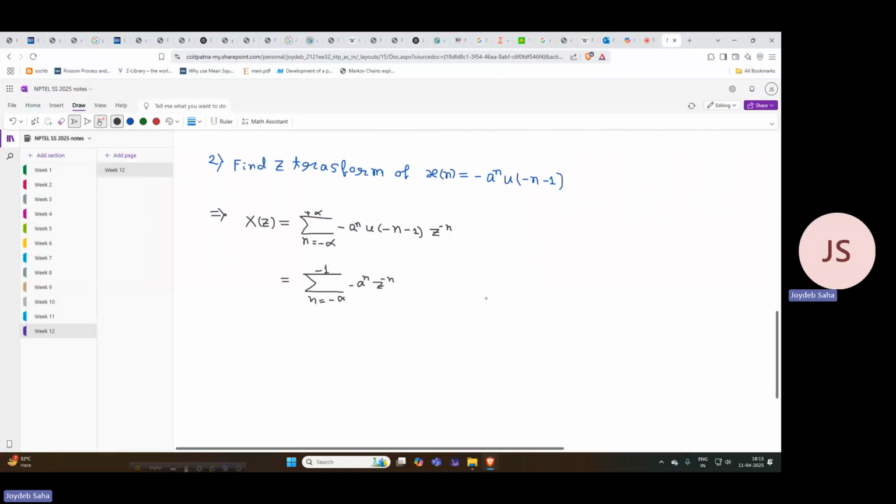Is this line clear? Please take 1 or 2 minutes and try to understand this line.